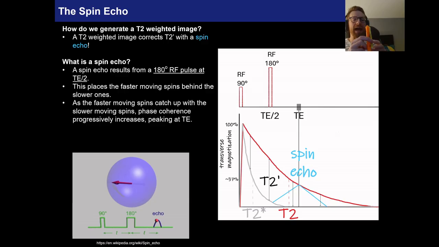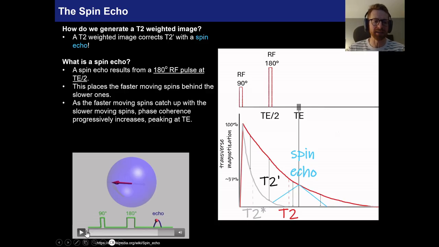Whatever dephasing happens in the first half of the pulse sequence, we're going to correct in the second half at TE. So we're correcting T2 prime only at TE. That's how the pulse sequence is designed, and that's where we're measuring the signal. So that's the most important place to correct it.